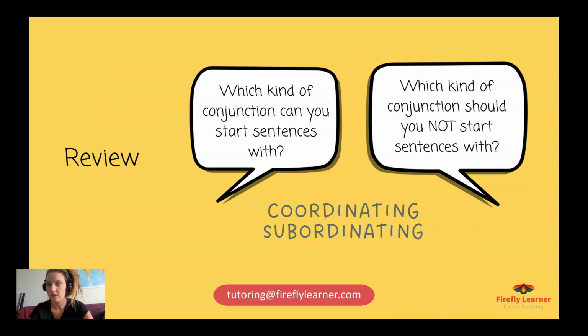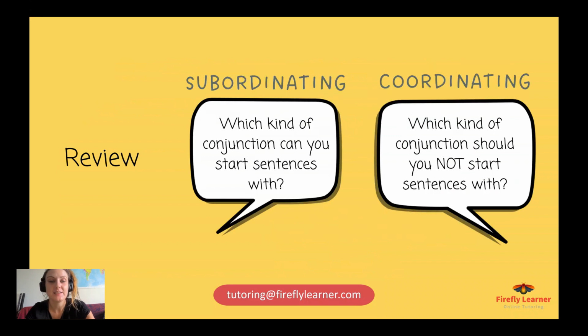Which type of conjunction can we start sentences with? We can start sentences with subordinating conjunctions, but not coordinating conjunctions. If you start a sentence with a subordinating conjunction, that means you're putting your subordinating clause in front of your main clause, a little bit like a fronted adverbial, and you'd follow it with a comma.